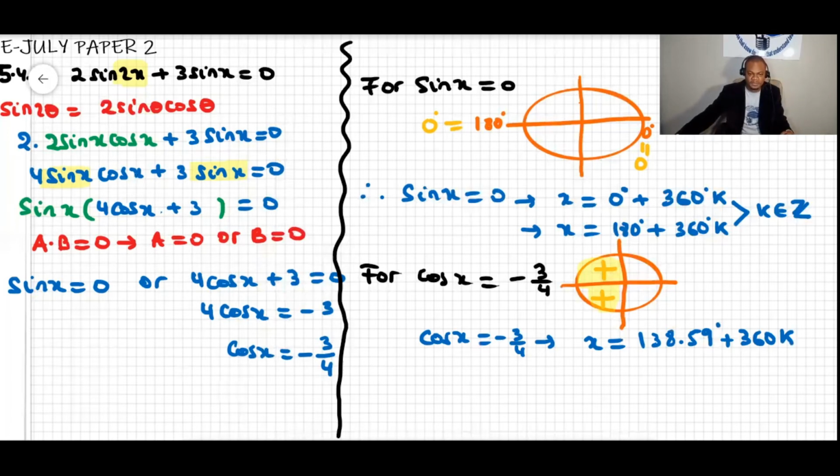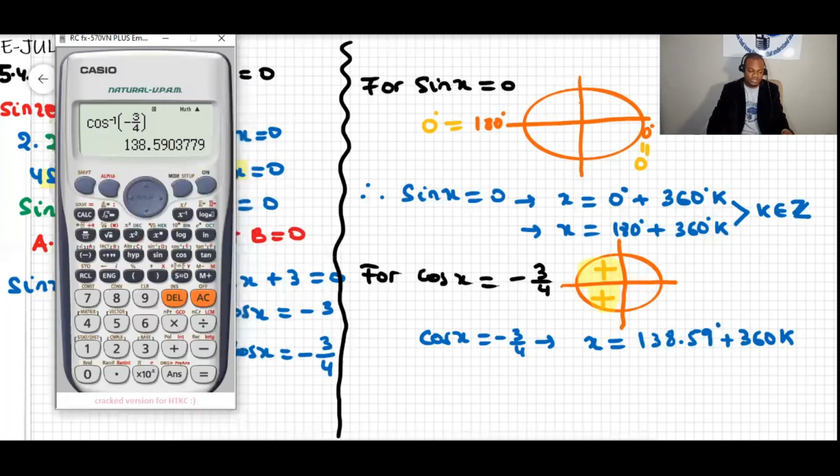Now on the third quadrant, we need to find the reference angle. We're going to do 180 minus 138.59. I want to look in the calculator here.